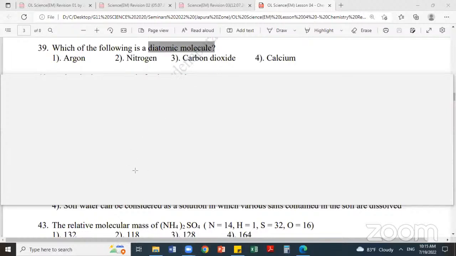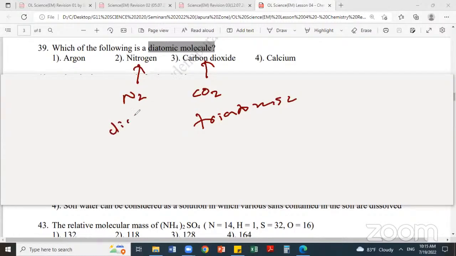Write the formula CO2. There are 3 atoms, 2 oxygen and 1 carbon, so it is triatomic. Nitrogen is N2, which is diatomic. And argon is monoatomic.